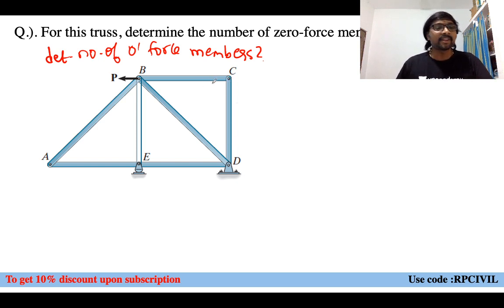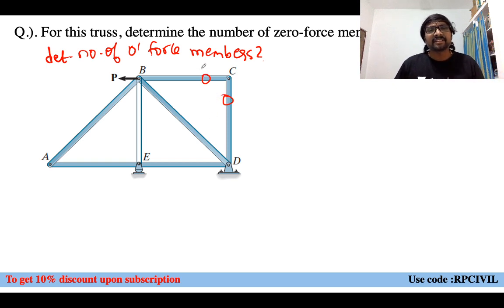They are non-collinear, obviously. When they are non-collinear and there is no external load also, what will happen? There is nothing to be balanced, so force in the two members will be 0, or not? Yes, force in the two members will be 0.